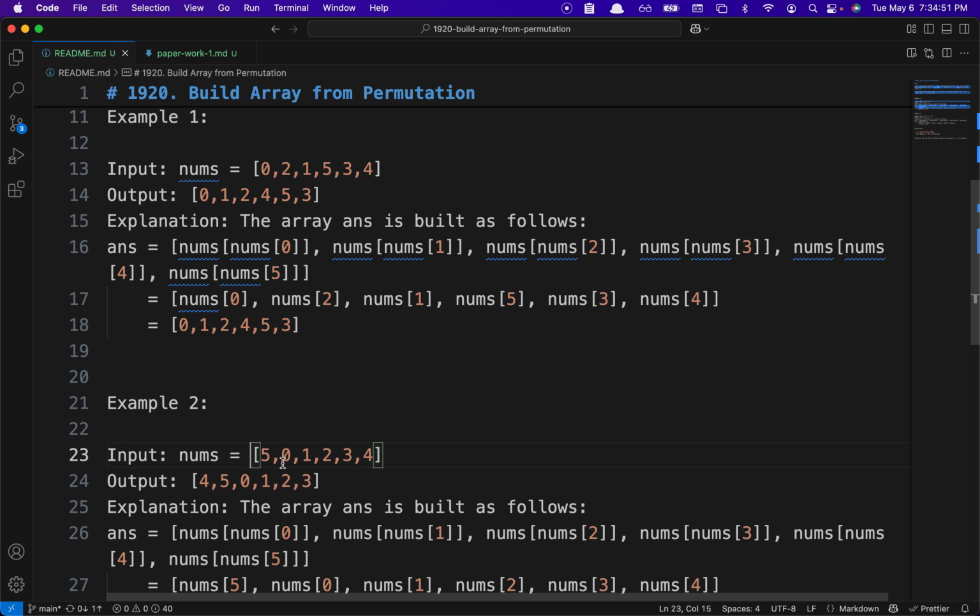And what gives? So nums of 0 was 5 actually. And nums of 5 is 4, no, this is 1 actually. Nums of 1, so nums of 1 is 0, and nums of 0 is 5 up there.